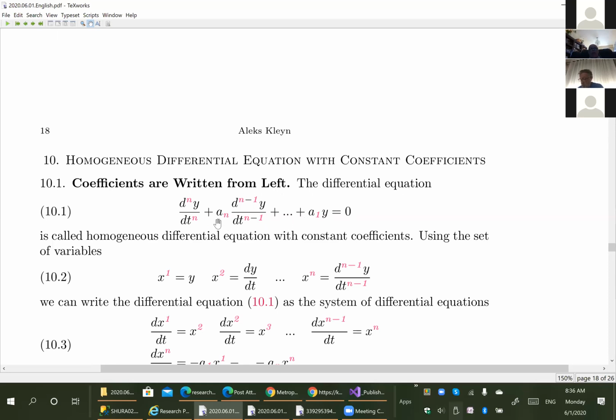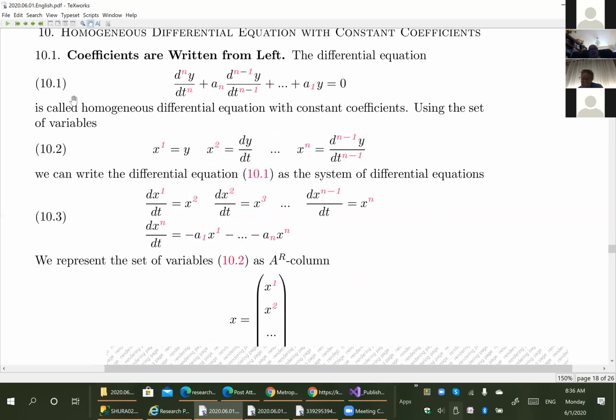But when the constant is written on the left side of the exponent, I can introduce variables like in the commutative case, x1 to xn. So I get this type of system of differential equations.